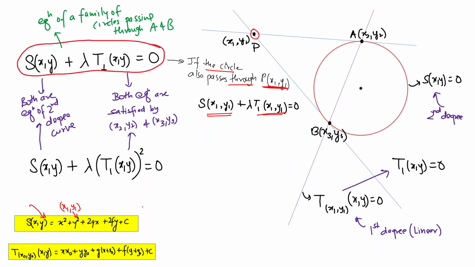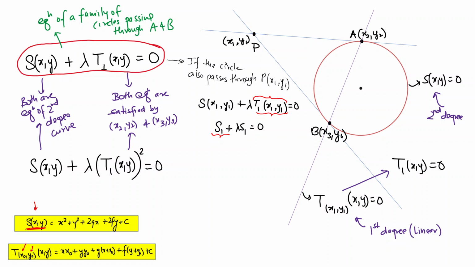That means that the point is outside. I hope my viewers also know about this. So if you put x1 y1 inside it, the expression you get is normally called S1, because you have put x1 y1 inside this S. So you can call that S1, and use lambda T1 x1 y1.